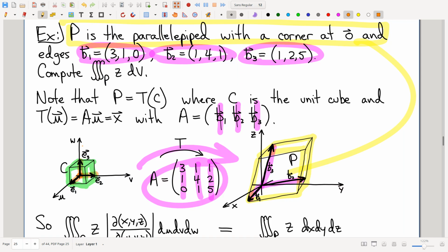I hear what you're saying. Yes, there is a linearity argument that you can make that will work that out, and I'll be happy to go through those details with you separately if you'd like. But on a plausibility argument, if these edges go to these edges, it kind of looks like the cube would be going to the parallelepiped. And again, linearity takes care of the rest.